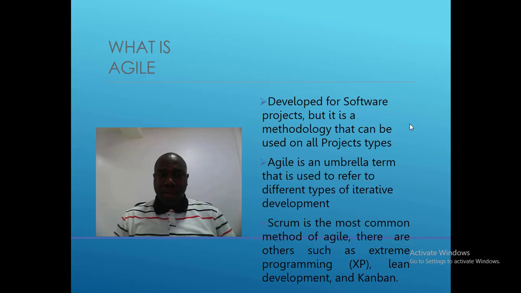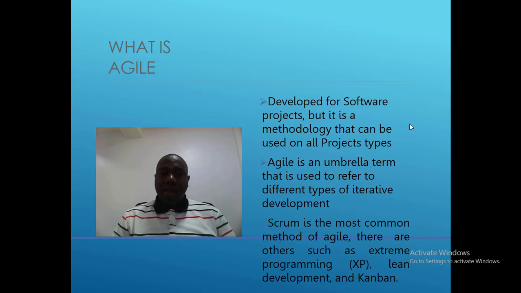on our project. Okay, Agile was initially designed for software projects, but it is a methodology that can be used on all project types. It's an umbrella term that is used to refer to different types of iterative development, when it comes to projects and development that you need to do in bits.